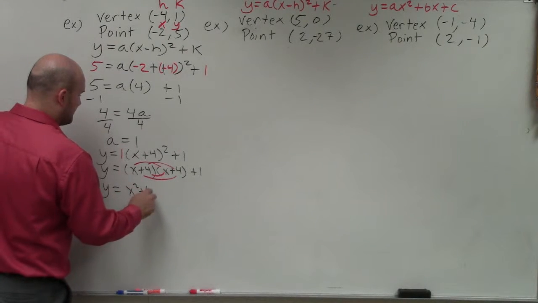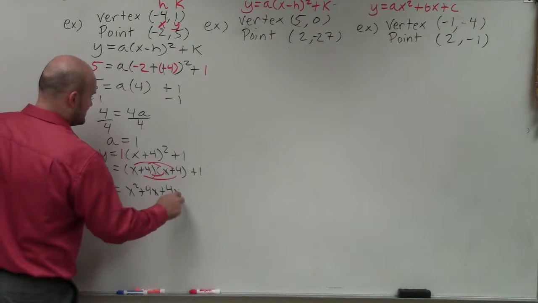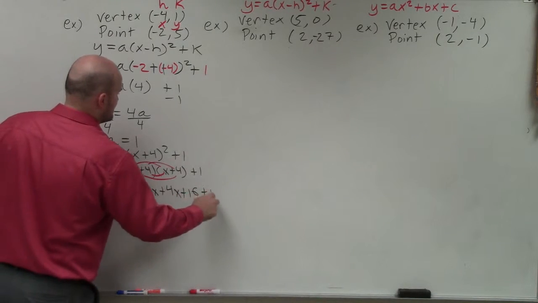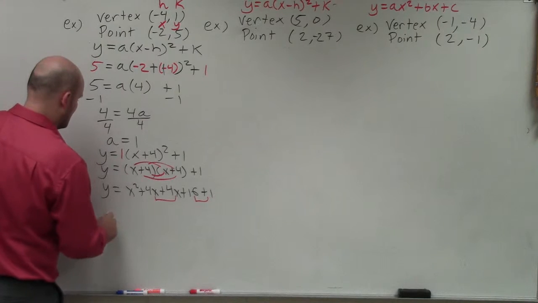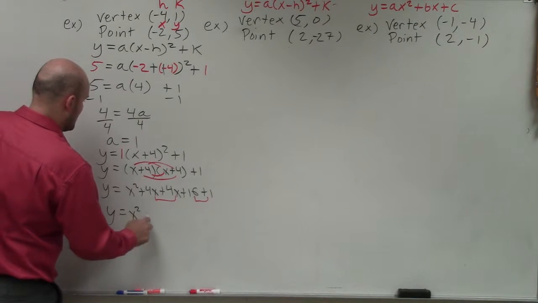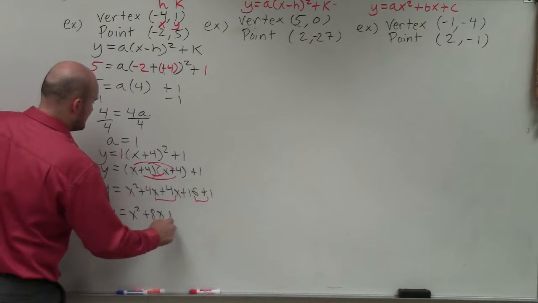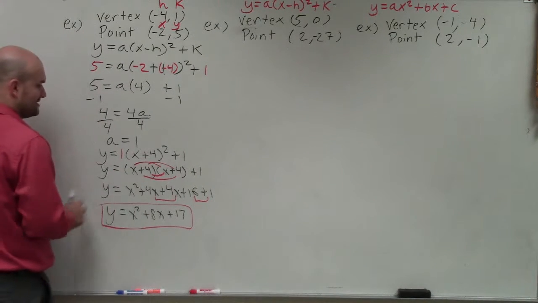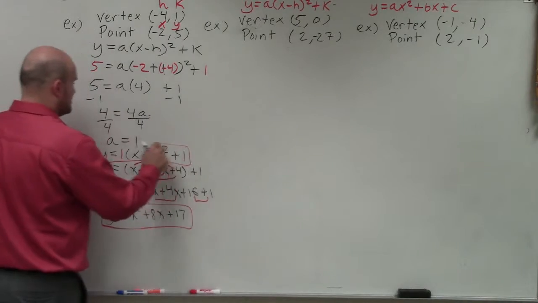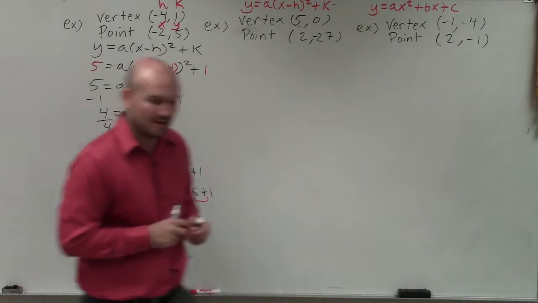I get y equals x squared plus 4x plus 4x plus 16 plus 1. Now I combine like terms and simplify. So I have y equals x squared plus 8x plus 17. So, ladies and gentlemen, that is your equation in standard form, and here is your equation in vertex form. All right?